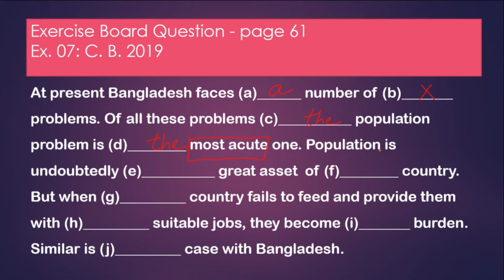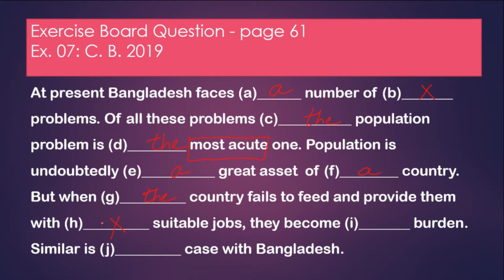Population is undoubtedly a great asset of a country. But when the country fails to feed and provide them with suitable jobs, that means we don't need to use an article here.